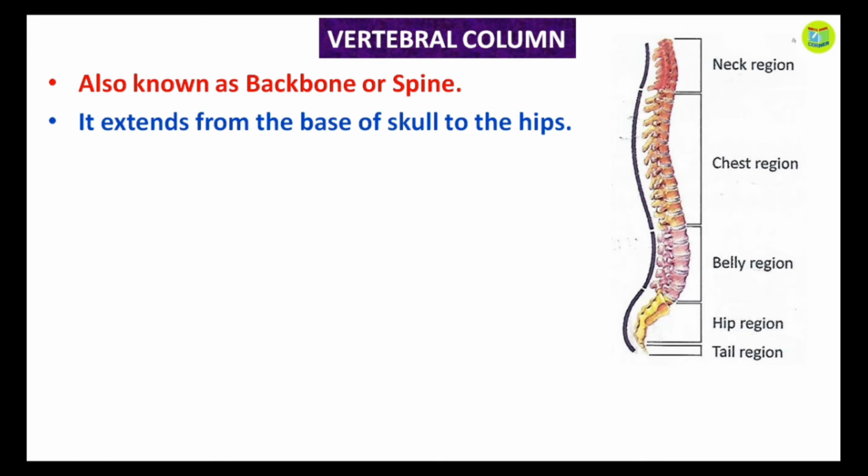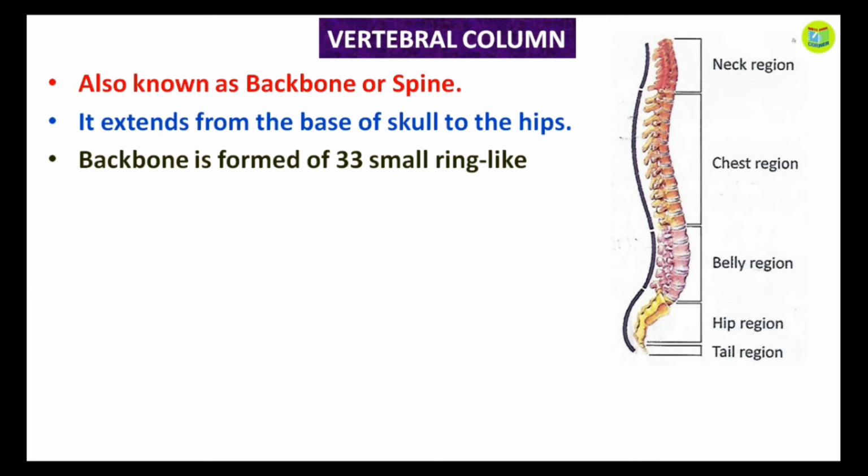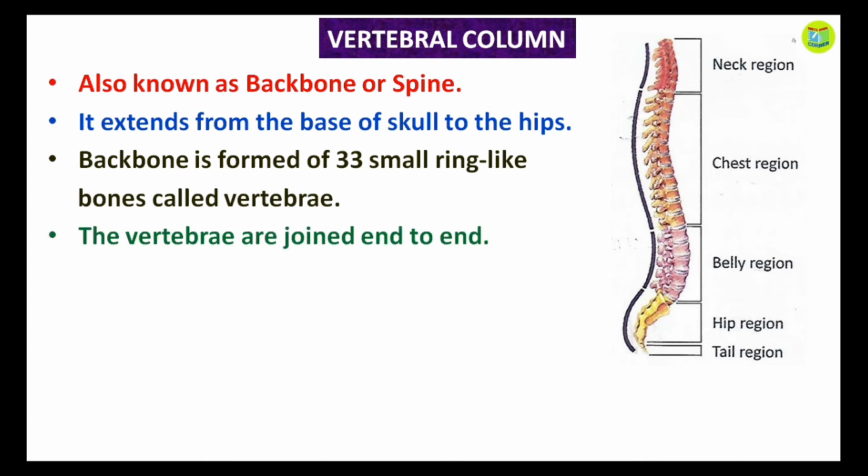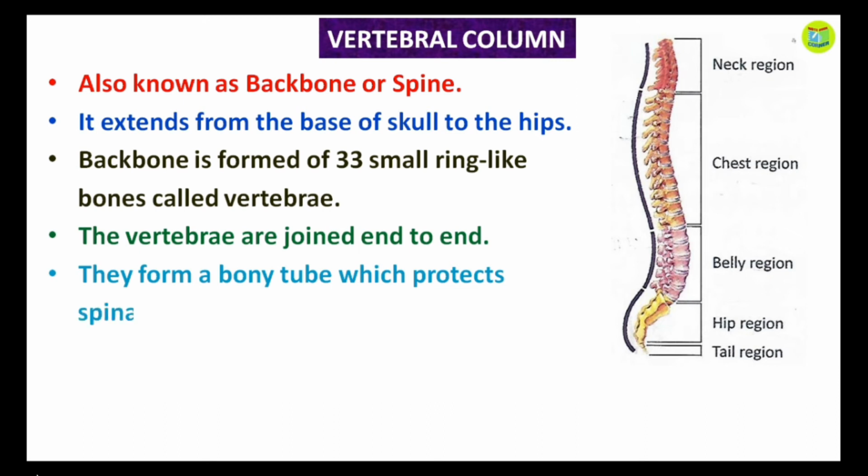The backbone is formed of 33 small ring-like bones called vertebrae. The vertebrae are joined end to end. Thus, they form a bony tube which protects the spinal cord that passes through it.